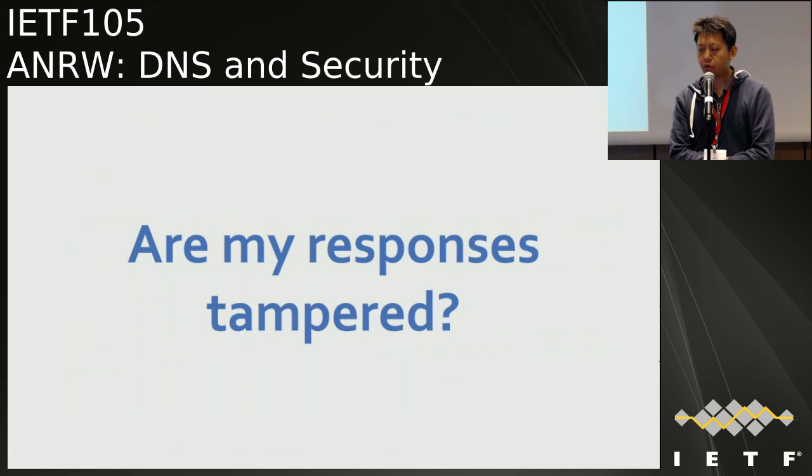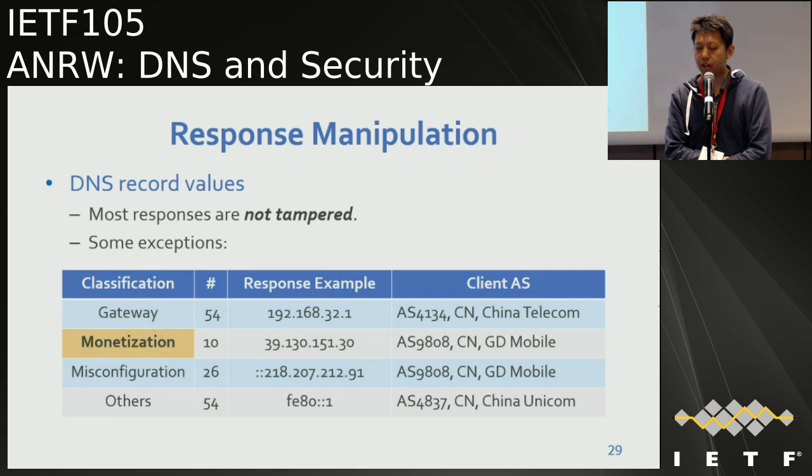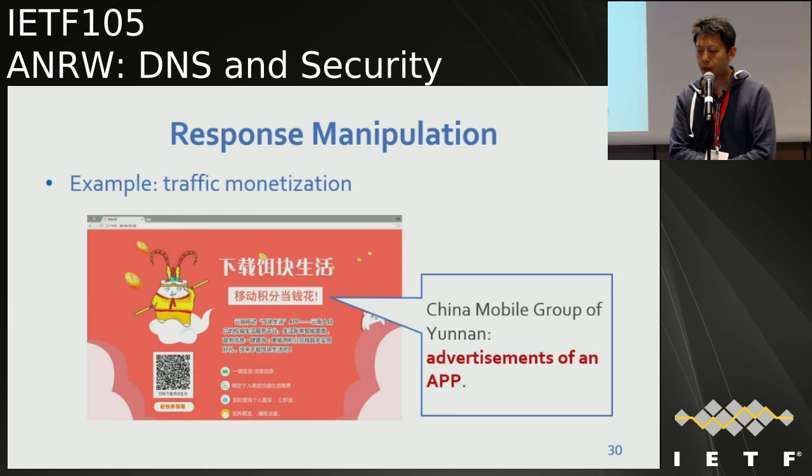The third question we want to answer is, are my responses tampered with? From a security perspective, I think this is the most important question. The message is kind of positive in some sense, because most of the responses are not tampered with. Of the 6 million responses, only hundreds were changed without users' consent. There's one interesting case we want to briefly go through, which is traffic monetization.